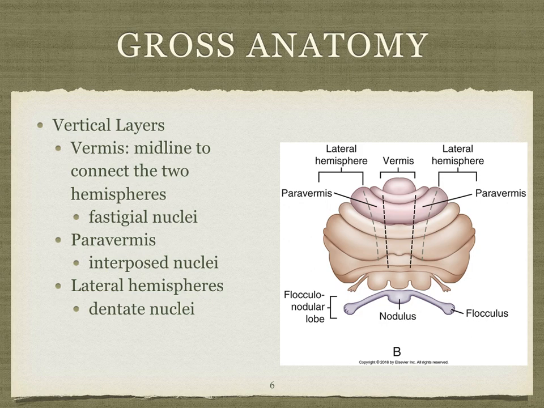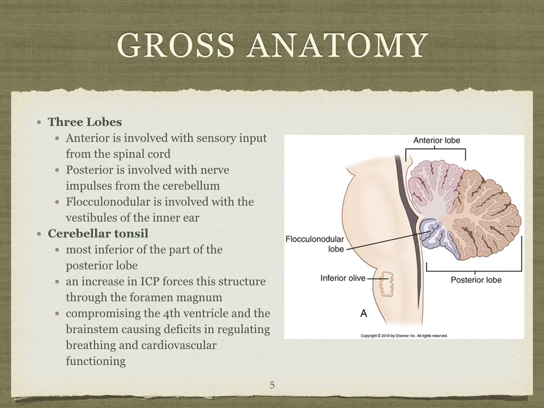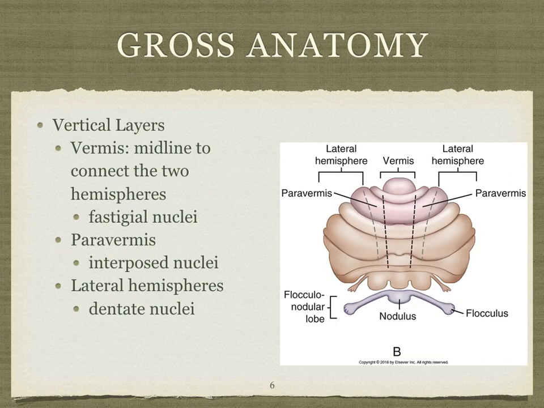And if we think about the previous slide, when we look at how large the posterior lobe was and that relationship to our nerve impulses from the cerebellum, back on slide 5, that lateral one associating with output to our motor cortex makes sense because that's where we're having a lot of that cerebellum do the work. And that nuclei is our dentate nuclei.